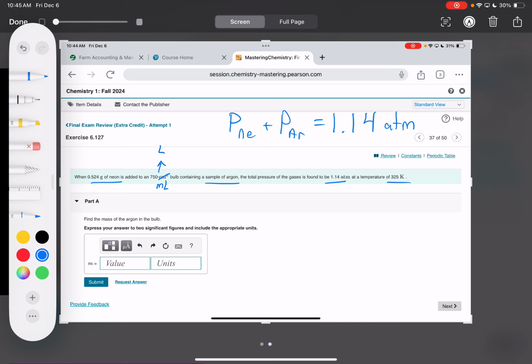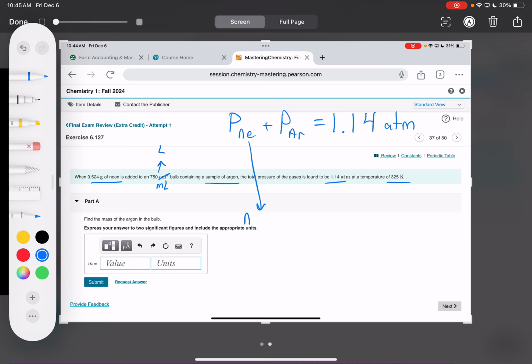So we actually do have everything we need to solve for the pressure of neon. This isn't the one I was thinking of, but that's okay. I'm going to rewrite this as how we would solve for pressure of neon.